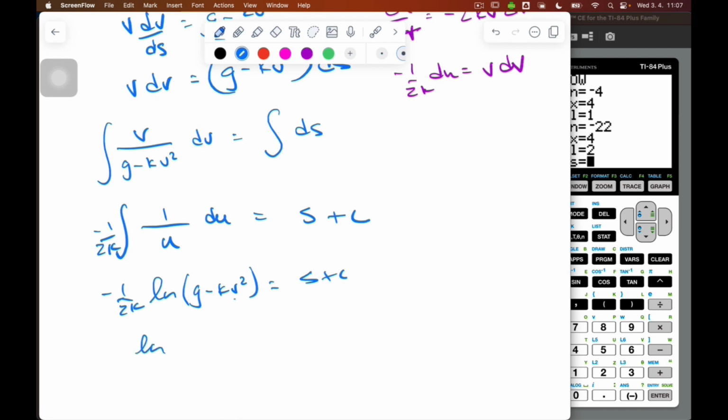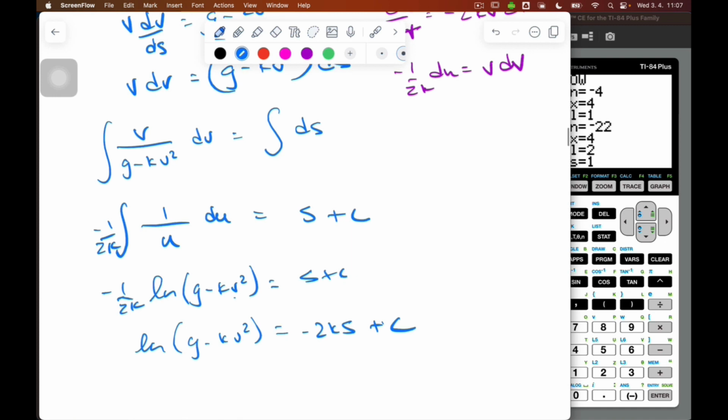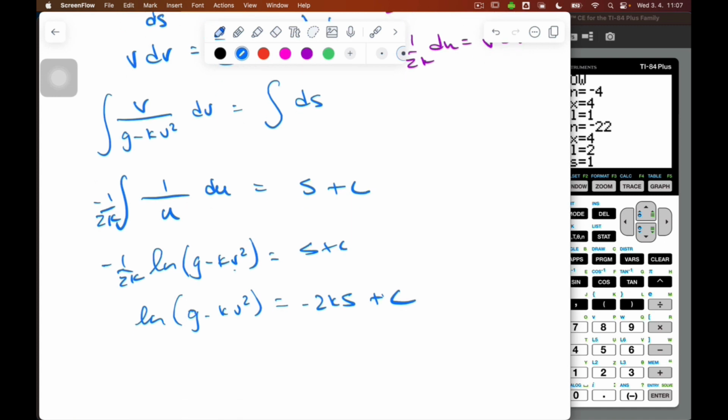So I say ln of g minus kv squared is equal to minus 2ks plus another constant c. They're not the same c, but it's still a constant of some sort. And then I can raise this to the power of e. I get g minus kv squared is equal to e to the minus 2ks times A, because this is like e to the power c.